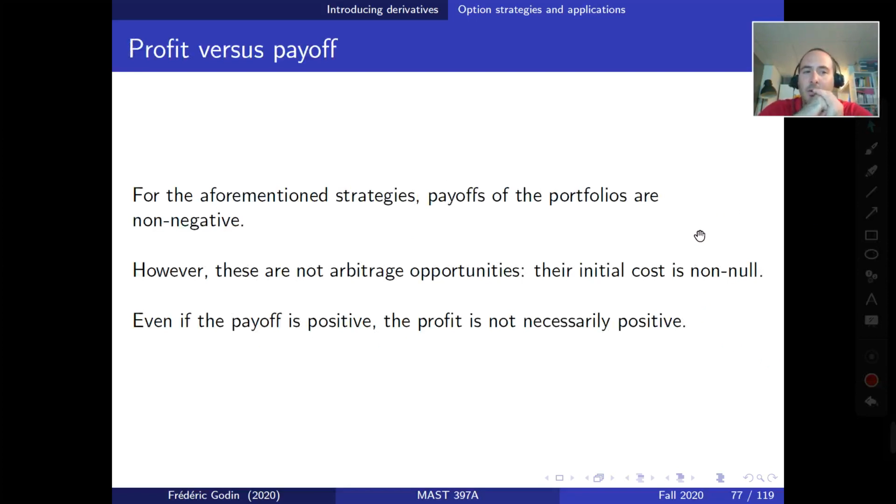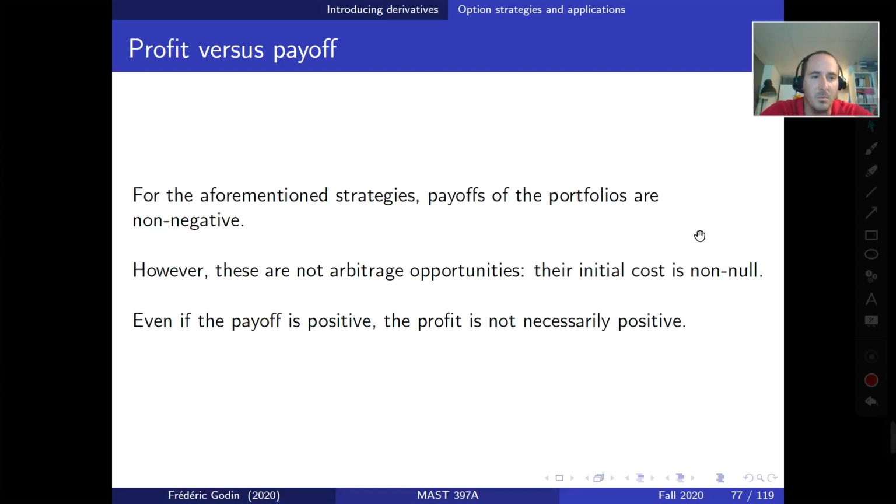Okay, so for all aforementioned strategies, except the ratio spread, the payoffs were always positive, or at least always non-negative. Does it mean it's an arbitrage strategy? Does it mean it's something where you will automatically get an amount of money for free?